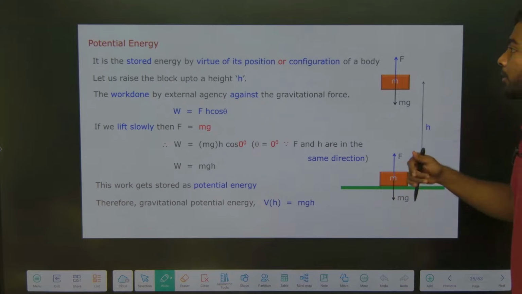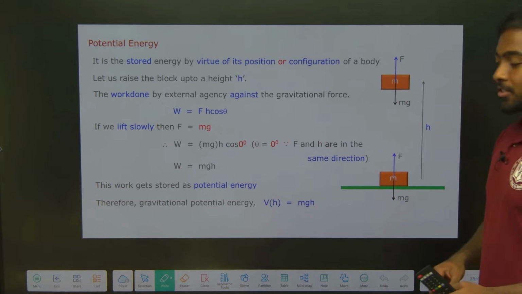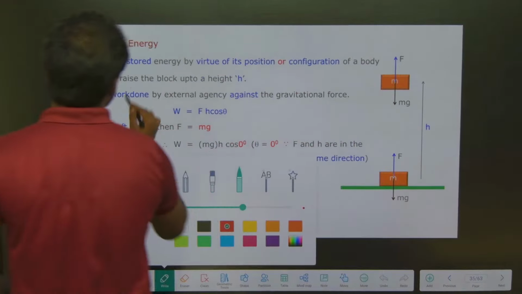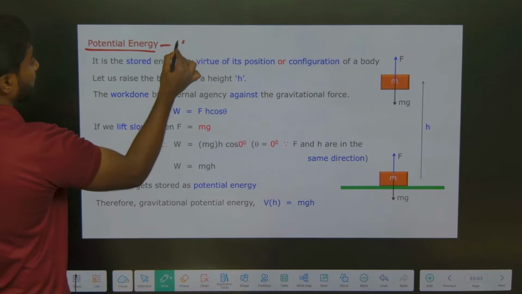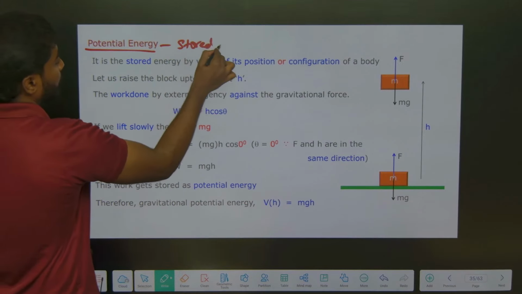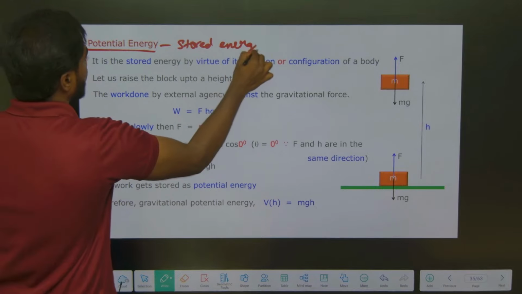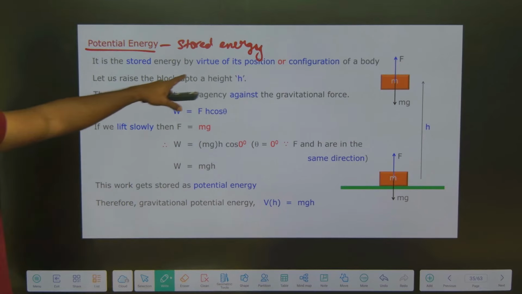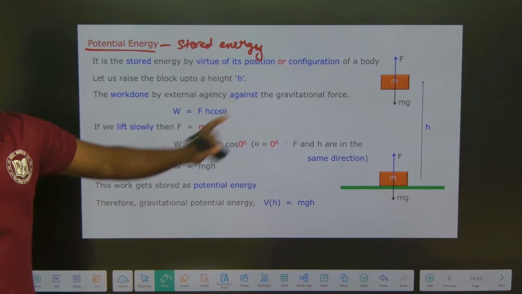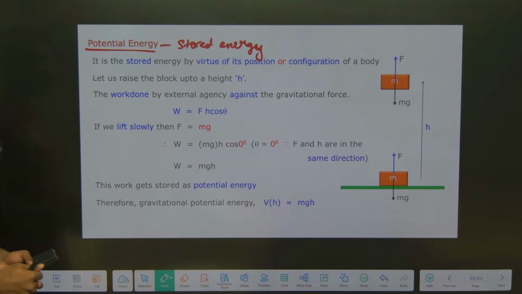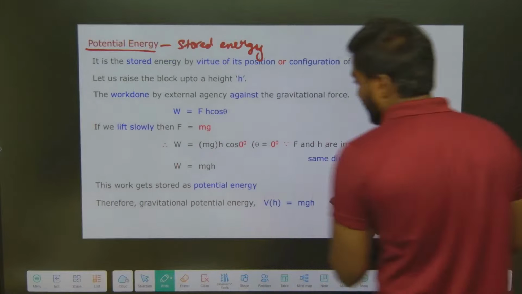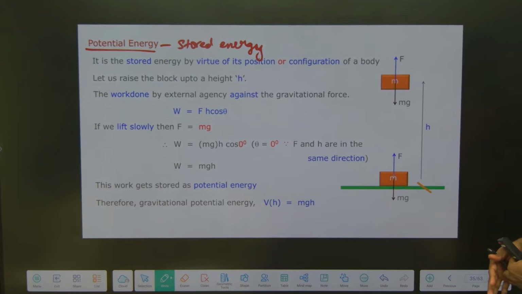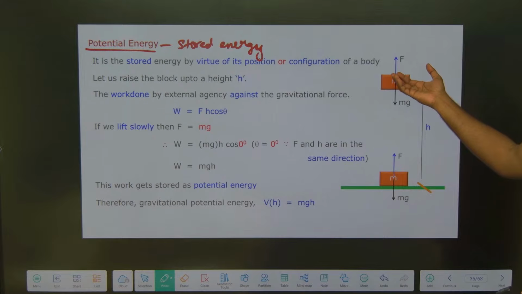Okay, so the next topic is potential energy. As we have discussed, potential energy is nothing but stored energy, right? It is stored energy by virtue of the position or configuration of the body. Suppose I take an object from the ground and raise it to a height h.